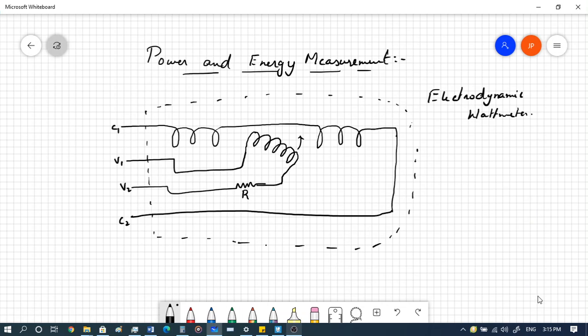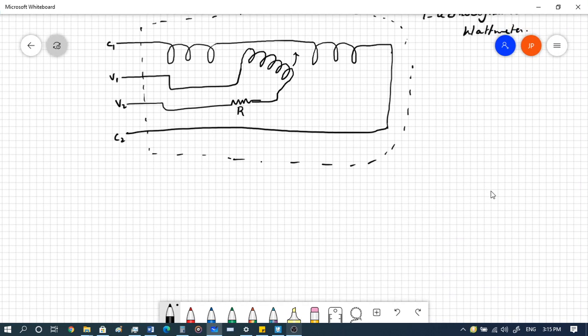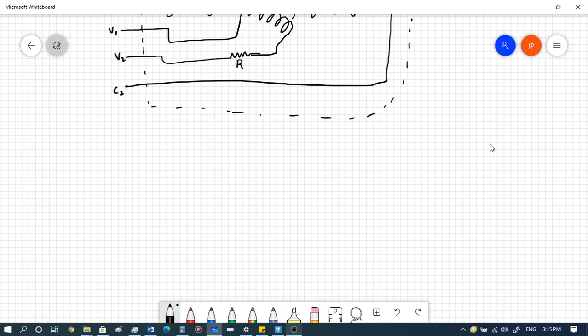So let's say you have a load, right? And you have a source. So let's see how this load can be connected with the source, right? So let's say plus minus.